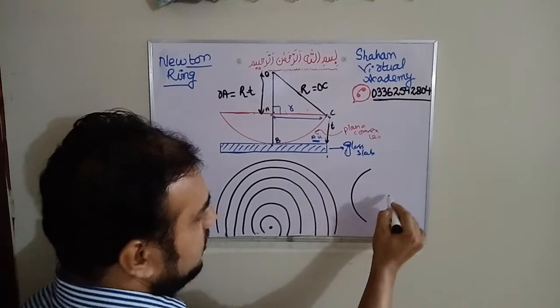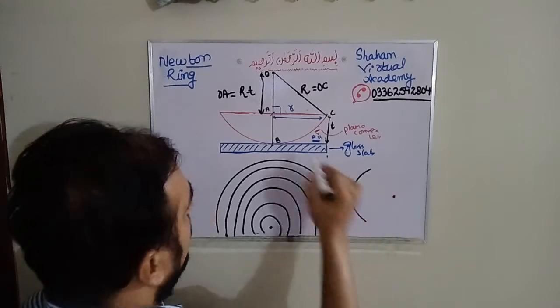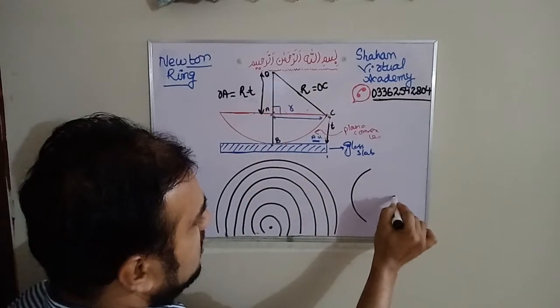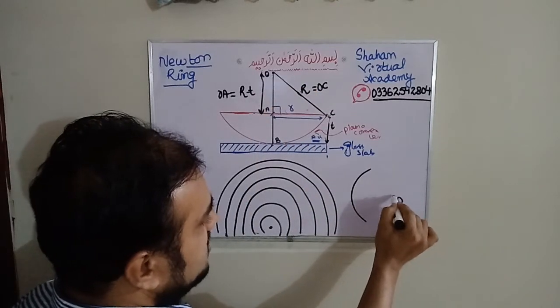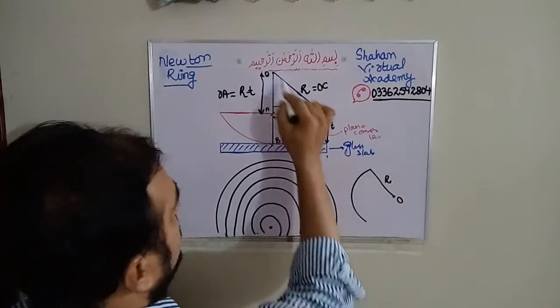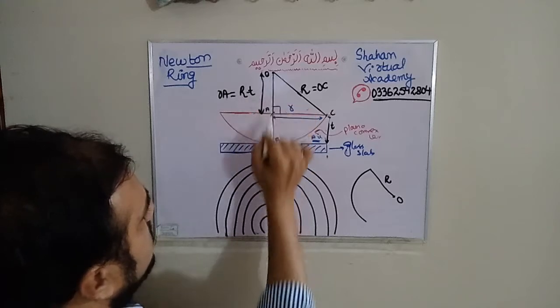It is basically the center of the radius. This distance from the center to the end point is the radius of curvature. OB is also a radius of curvature.